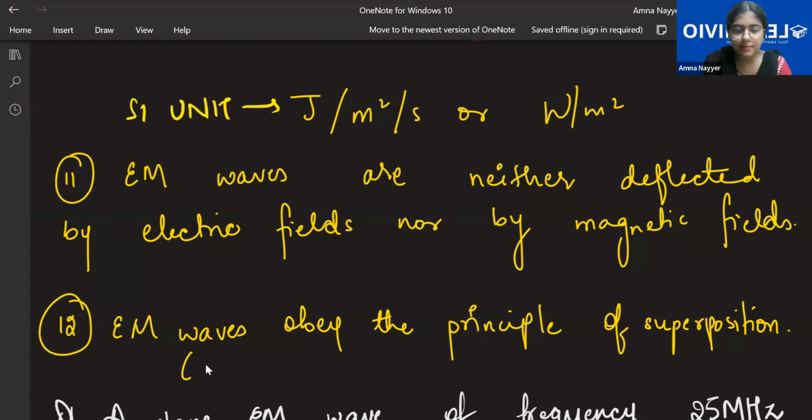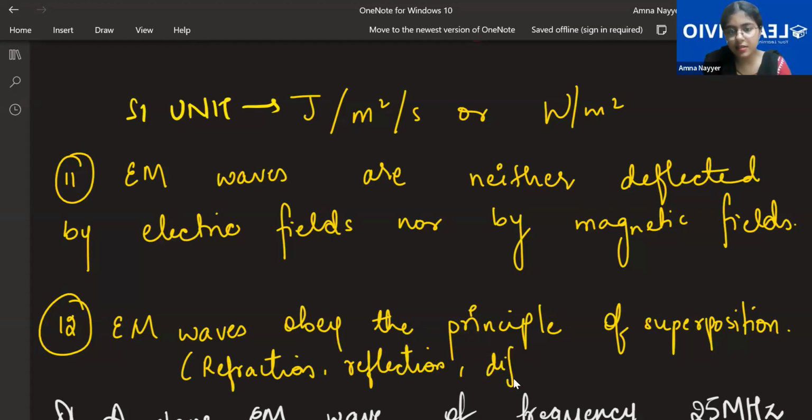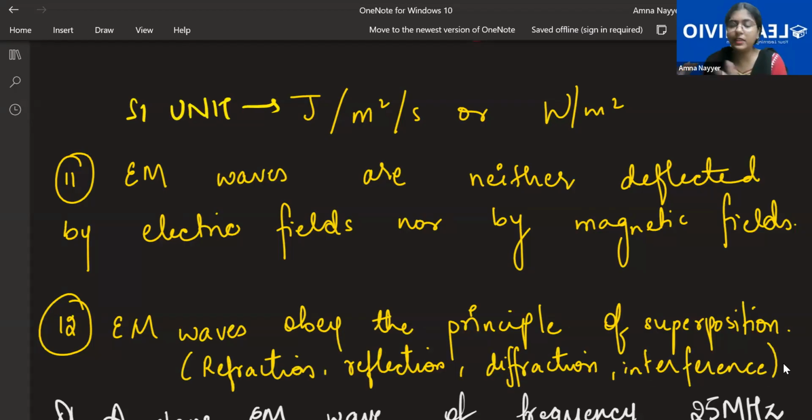So these four concepts are there: refraction, reflection, diffraction, and interference. Just have this for the notes part because you have to do everything in detail. Because when you complete those portions and when you revise this, then this completes the whole properties that are present in your textbook.